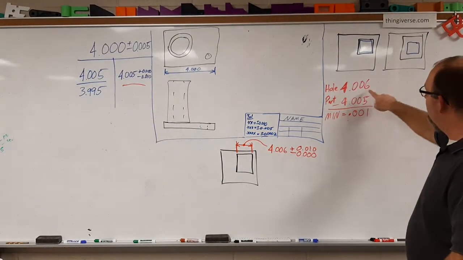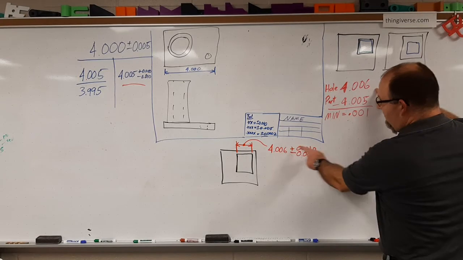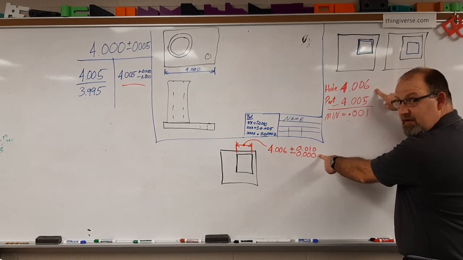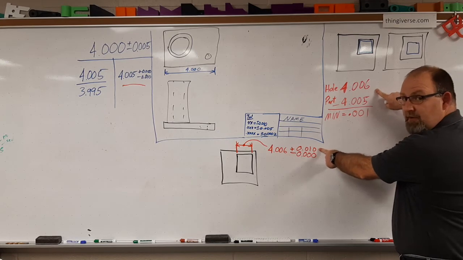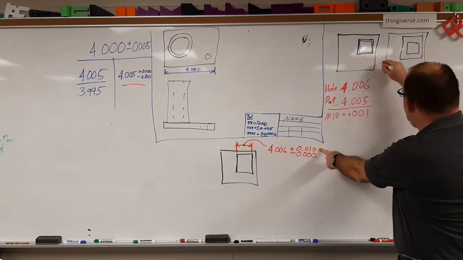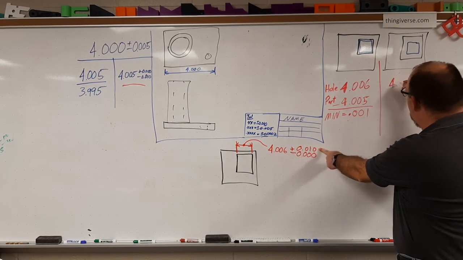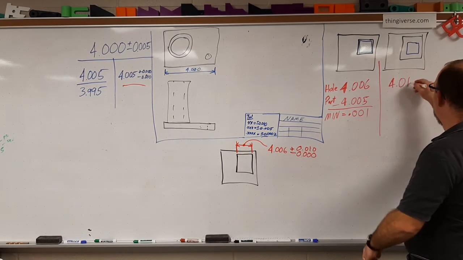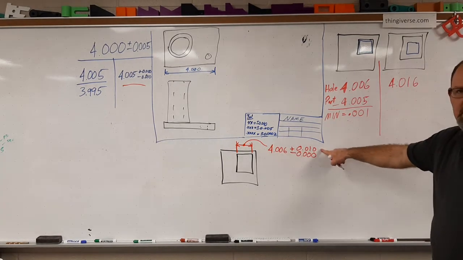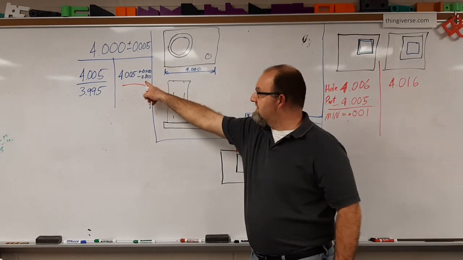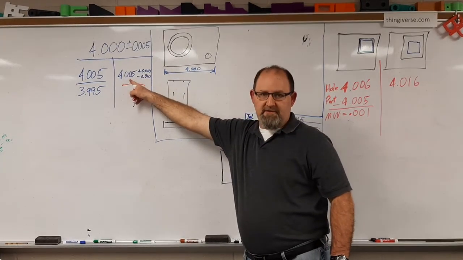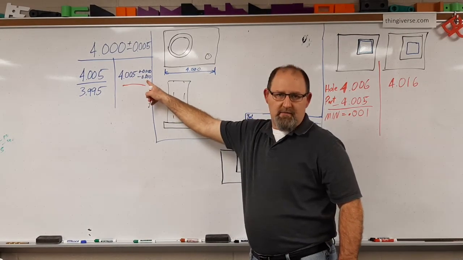We're going to now do the opposite on the other side. So we'll keep the same hole. This time it's the biggest hole. In this case, the hole cannot be any smaller than 4.006. It can go up 0.010. So the hole size now is 4.016. That's the largest the hole can be. And in this case with the part, the smallest this can be is 4.005 minus 0.010.